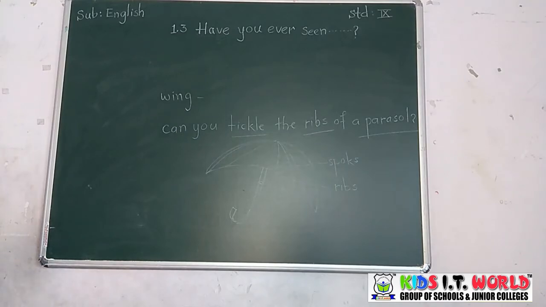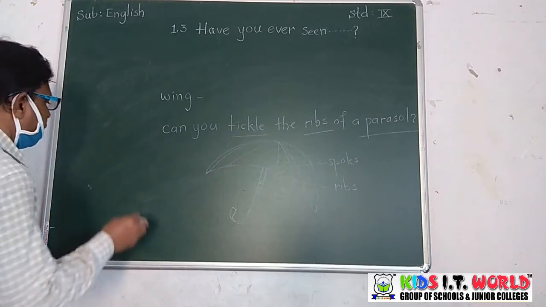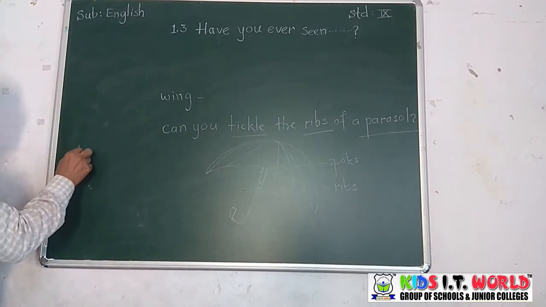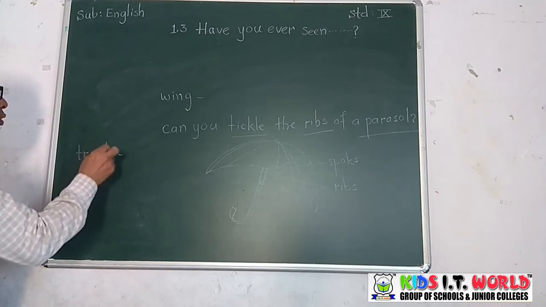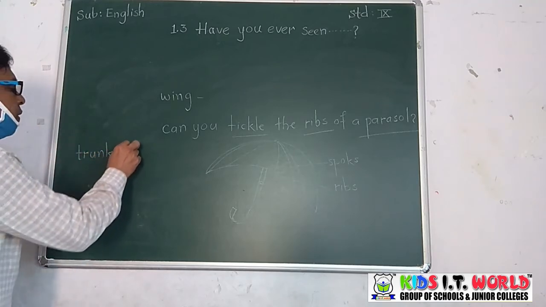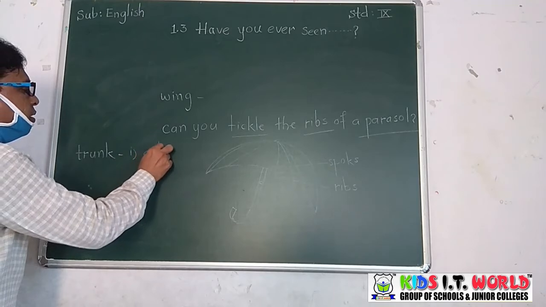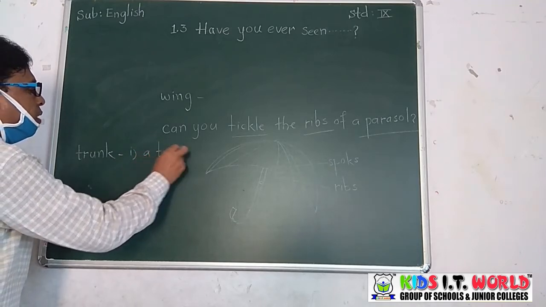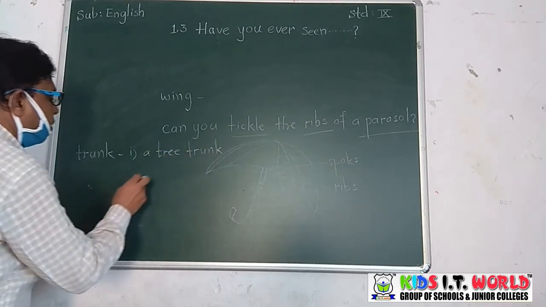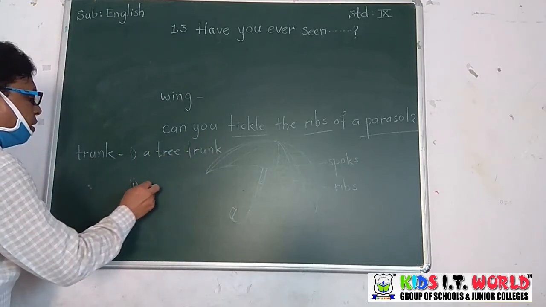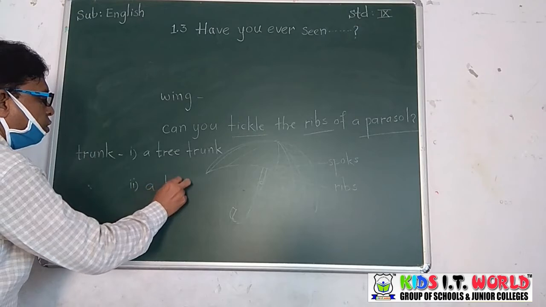Or open the trunk of a tree at all. You know the meaning of trunk? One meaning is a tree trunk. And another is a box, a wooden box you can say.